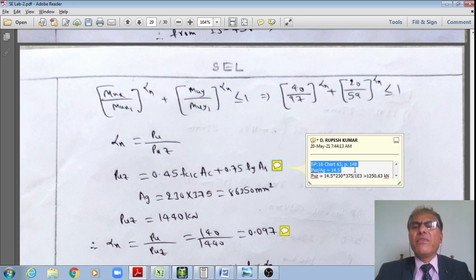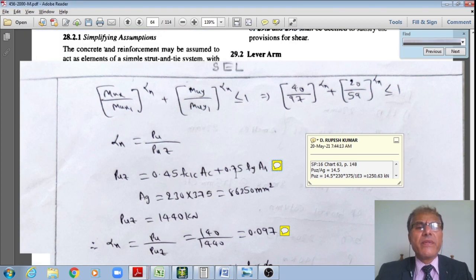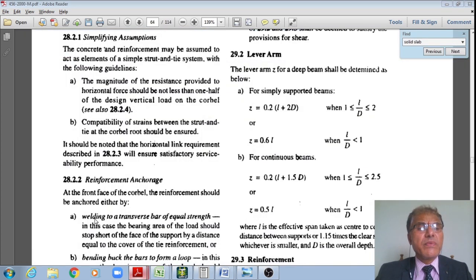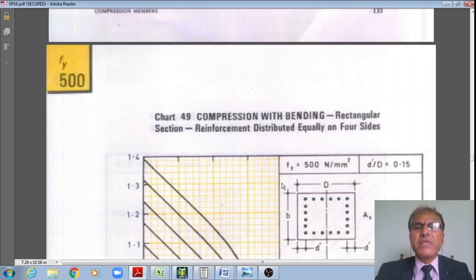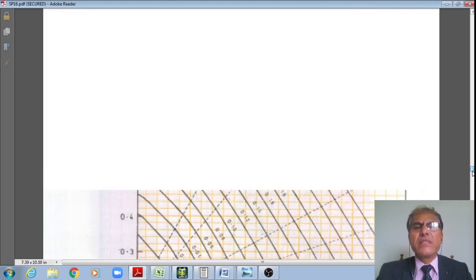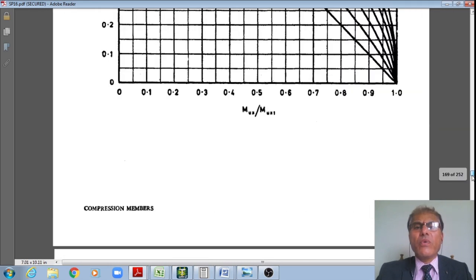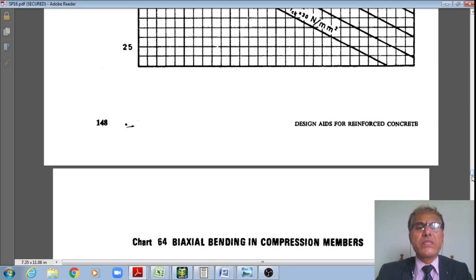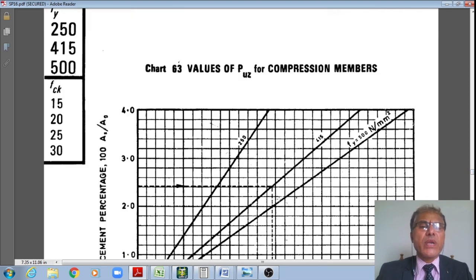Therefore, this is our chart number 63, student, right? From this chart, I'll calculate what is required. This is one procedure, or alternatively you can calculate manually also, right?